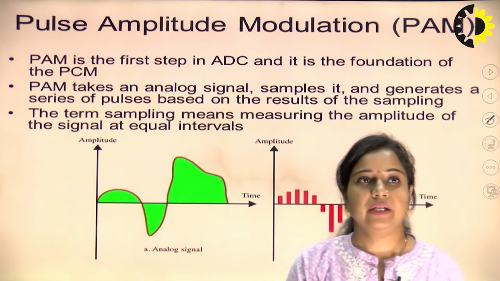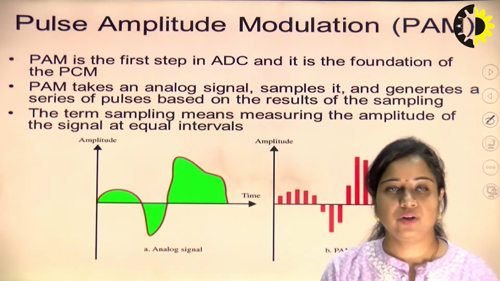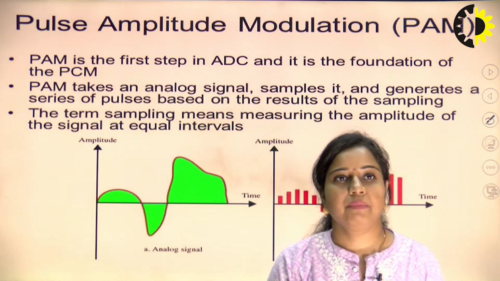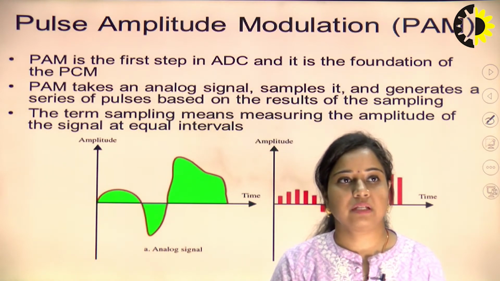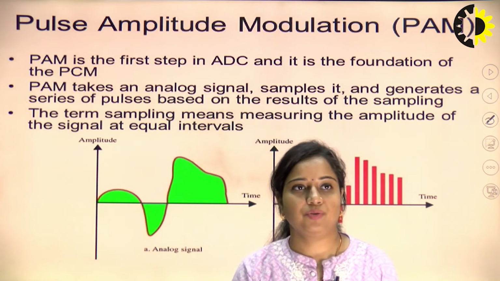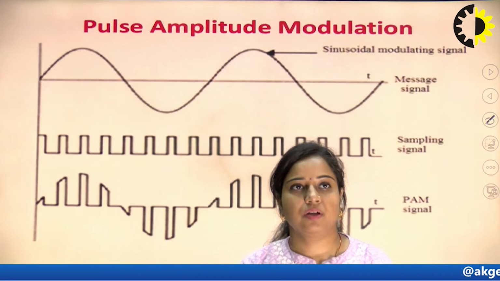So PAM takes an analog signal, samples it and generates a series of pulses based on the result of the sampling. The term sampling means measuring the amplitude of the signal at equal time intervals. So this is the concept of PAM.